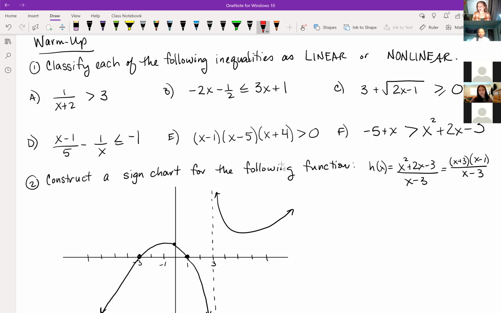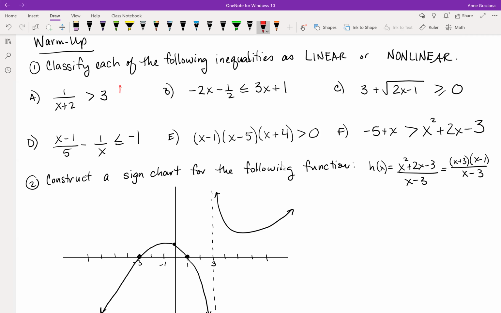If you think that it is nonlinear, give me a thumbs up. Okay, I got some thumbs up saying yes, it is nonlinear. That would be correct.